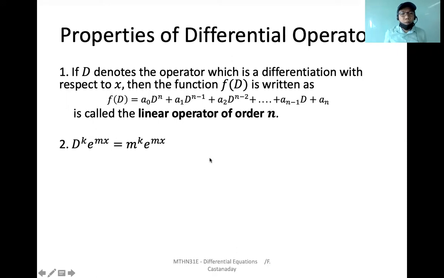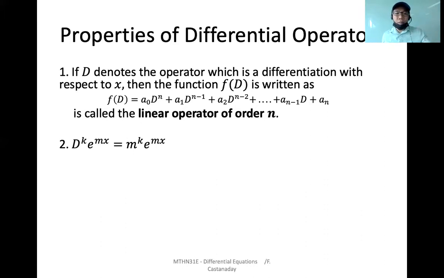Now, the second property is that D raised to k of e raised to mx is equal to m raised to k e raised to mx. It's not actually D raised to k in the usual sense. Kasi nga, sabi natin, the D denotes the differentiation, or operator na ibig sabihin to differentiate.